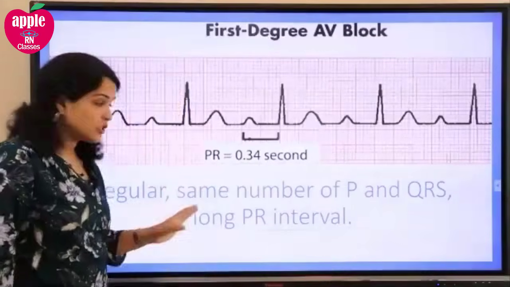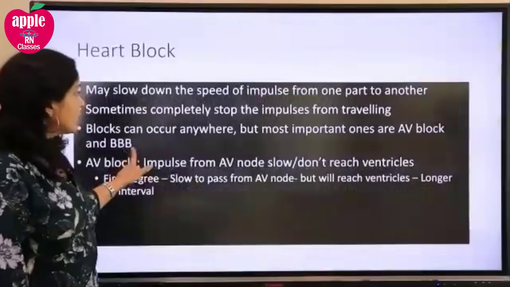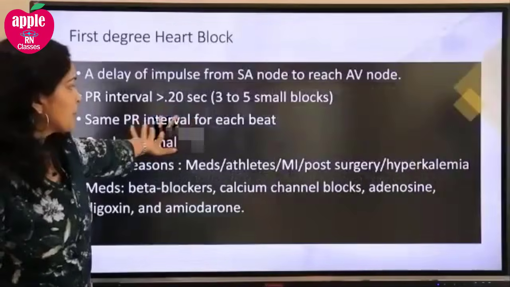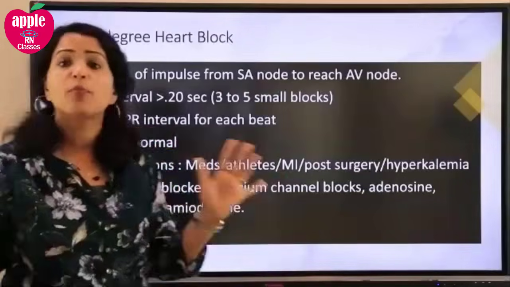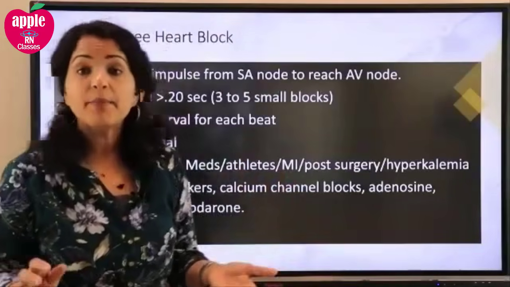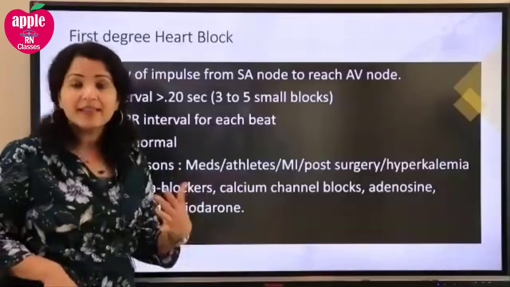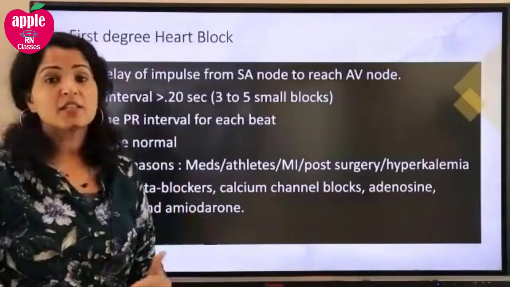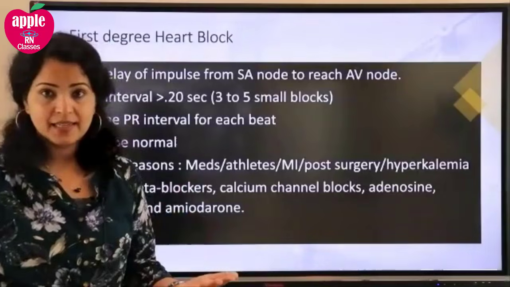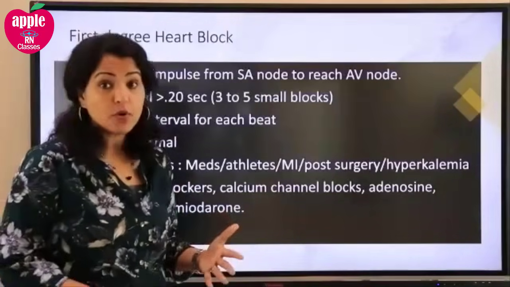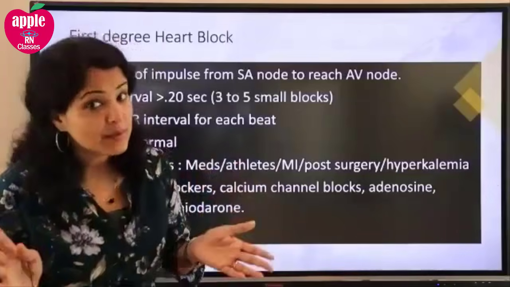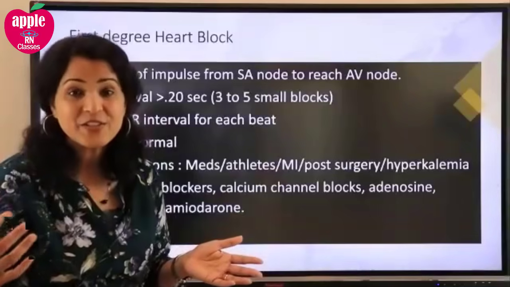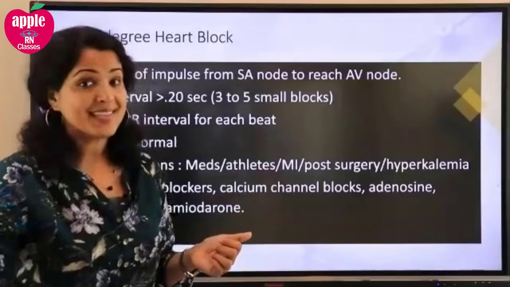Now, some things to remember. Whenever there is a first degree AV block, there can be no problem with the patient. The patient may not even know that they have a first degree AV block. First degree AV block is usually asymptomatic, okay? But it can become a problem later. There are cases where it progresses into second degree, or third degree.